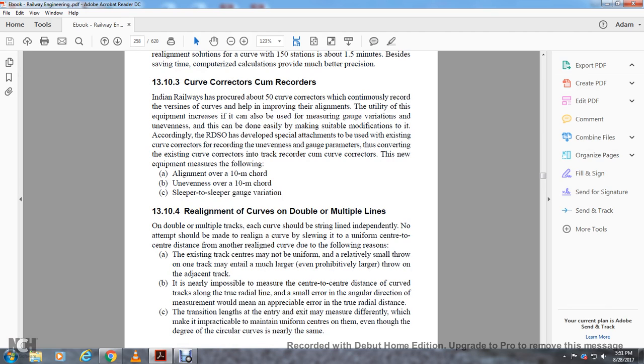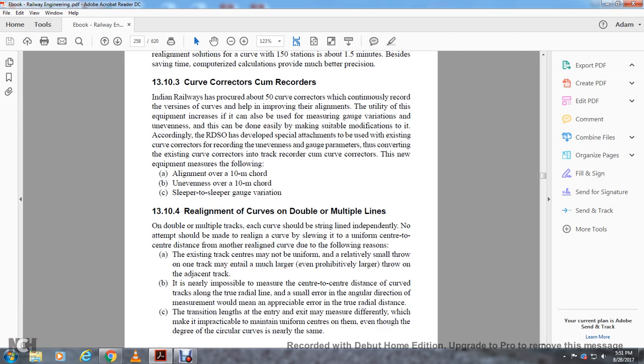13.10.4 Realignment of the curves and double multiple lines. On double and multiple track, each of the curves should be string lined independently. No attempt should be made to realign the curve by showing the uniform center to center distance from another realigned curve, for the following reasons. The existing track centers may not be uniform. A relatively small throw in one track may entail a much larger, even prohibitively large, throw in an adjacent track.